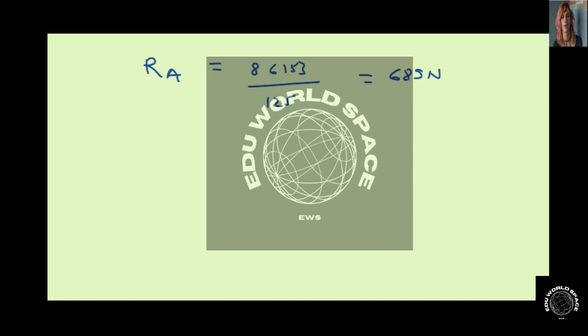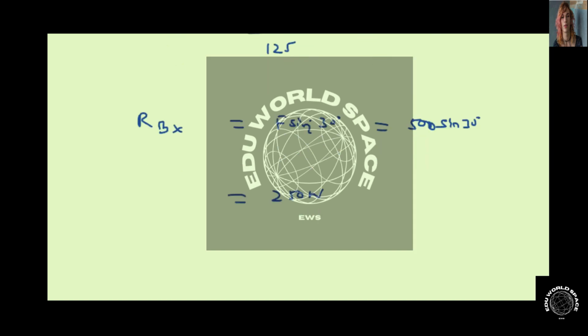Now you can write the horizontal force at B. Rbx is equal to F sin 30 degree, which is equal to 500 sin 30 degree, that is equal to 250 Newton.